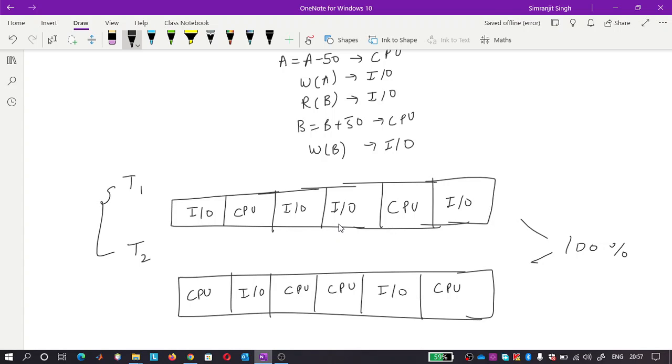If T1 and T2 are executed at the same time, only then will you be able to achieve this kind of utilization of the system. This is referred to as concurrent processes. Transaction T1 and transaction T2 are executed at the same time, so this is referred to as concurrent transactions.